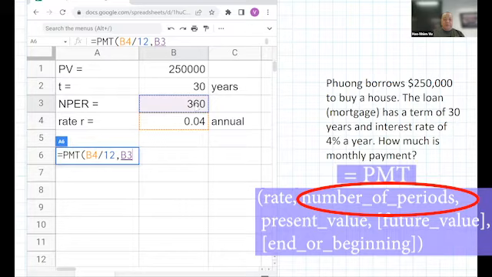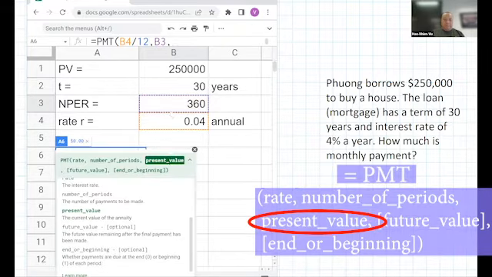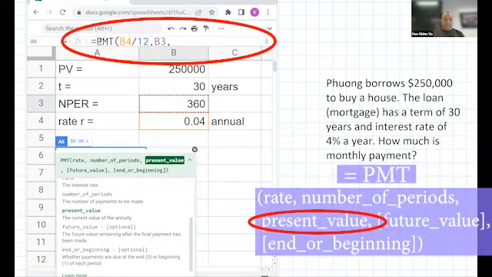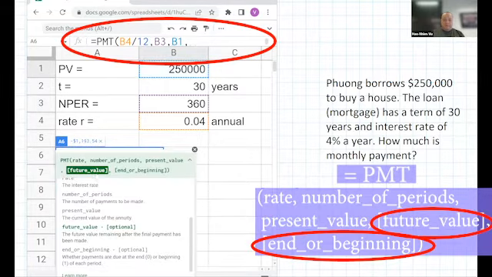Number of periods is this, then comma, present value. This informational box is blocking what I'm typing, so watch the formula bar up here. I'm going to click on present value, so I'm going to click on PV here, comma, and check this out.